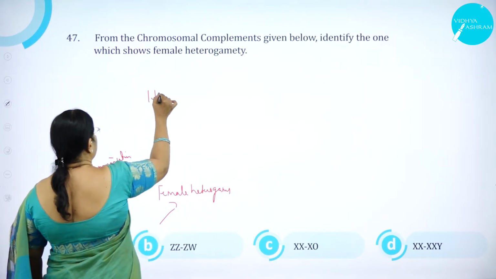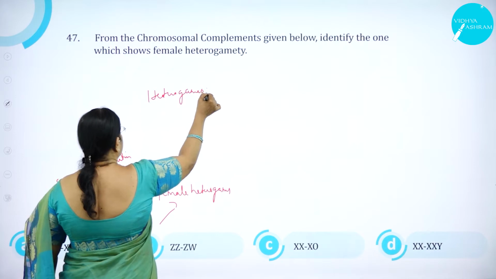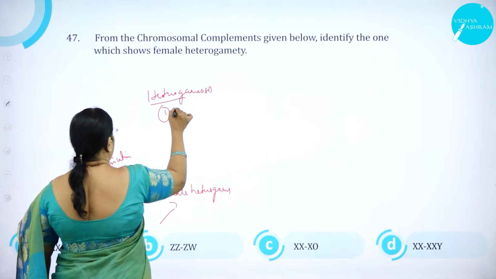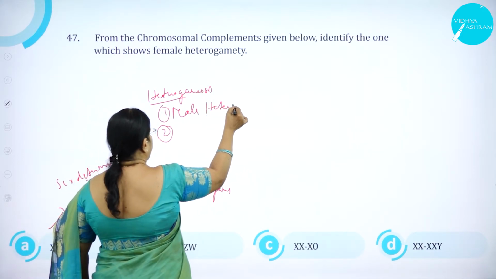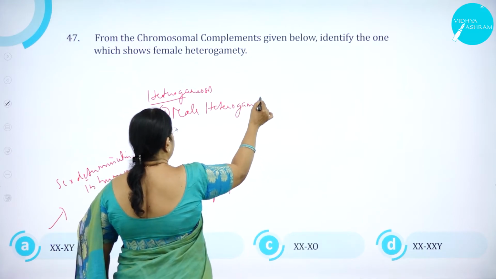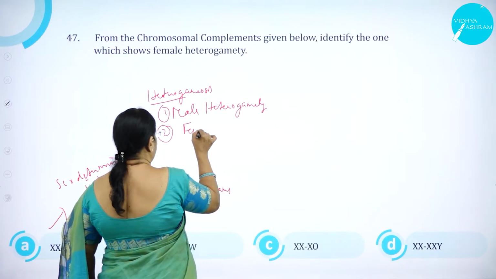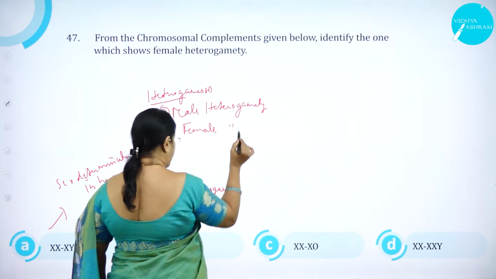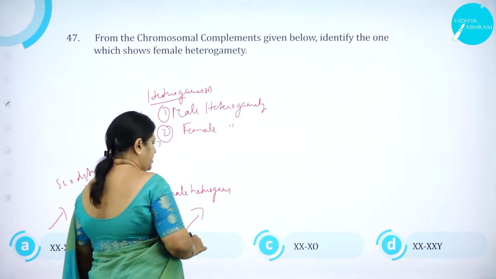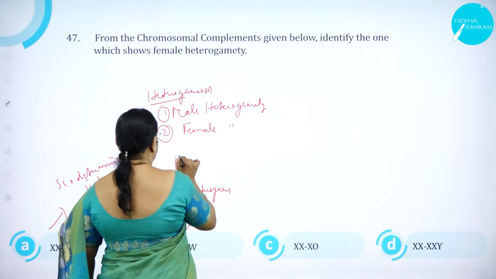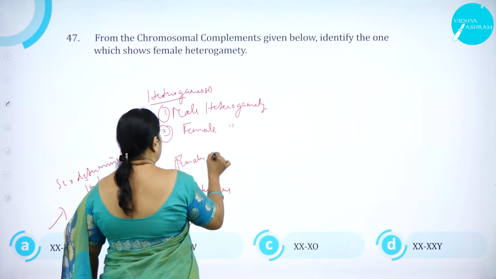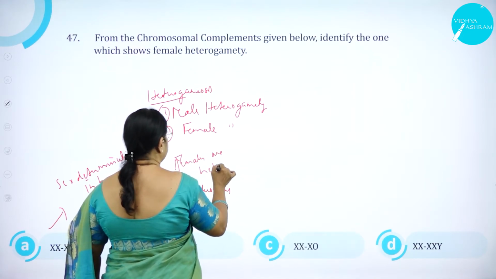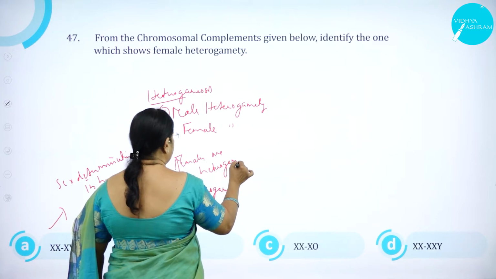You know, heterogamety is of two types. One is called male heterogamety and the other female heterogamety. So this is an example where females are heterogametic.